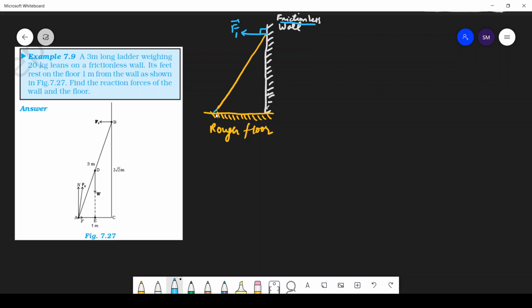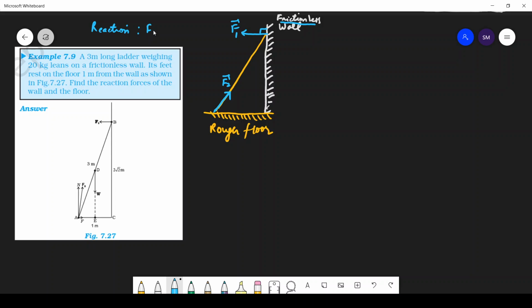Now when the surface is rough, the force applied, this will be your reaction force. Here they have shown this F2 separately, not along the ladder, but it is supposed to be along the ladder. So that's your F2. These F1 and F2 are the reaction forces.